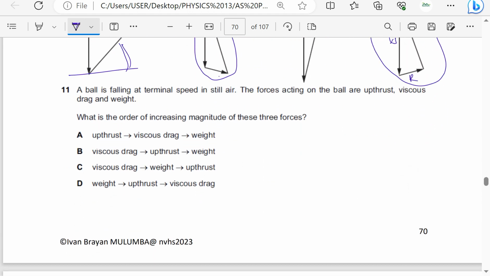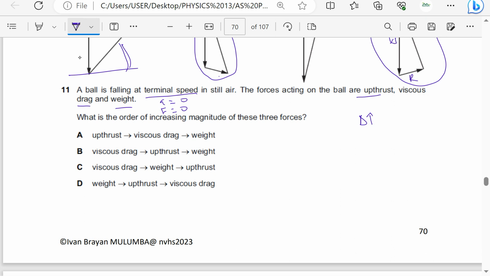Lastly, in part 8, the ball is falling at terminal speed in still air. The forces acting on the ball are upthrust, viscous drag, and weight. It is falling at terminal speed, so acceleration is 0 and the resultant force should be 0. Drag force must be upwards because it is falling down.